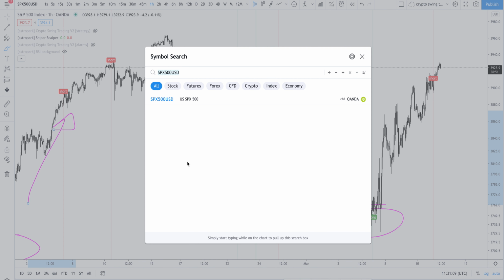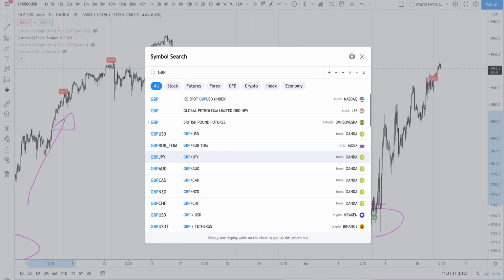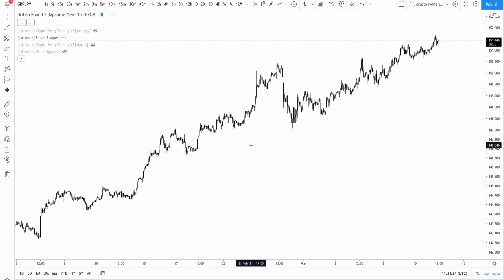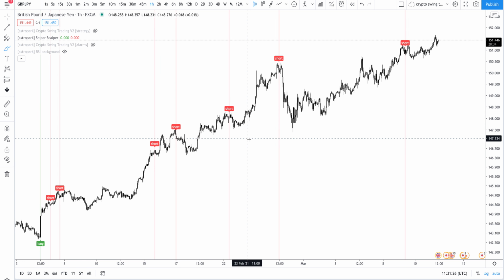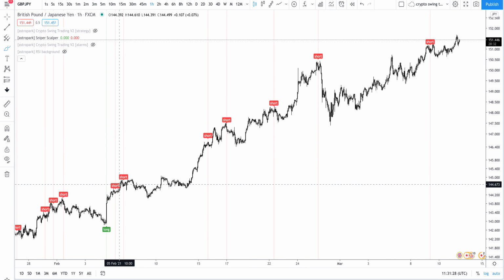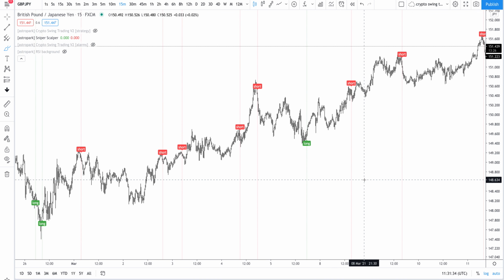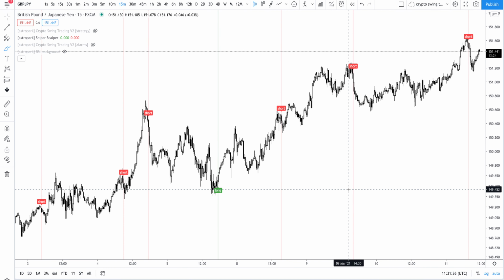Let's check, for example, another indicator, another market. Let's check GBP JPY, for example. Okay, let's go, for example, on the 15 minutes. You can see you can scalp a lot.